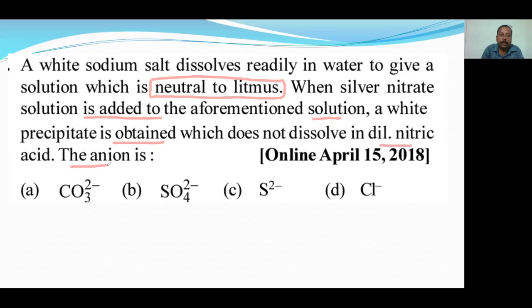You have to find out the acidic radical. The answer to this question is Cl-. NaCl is neutral to litmus, and the white precipitate is AgCl. So the answer will be D.